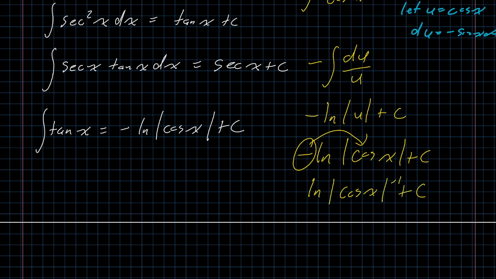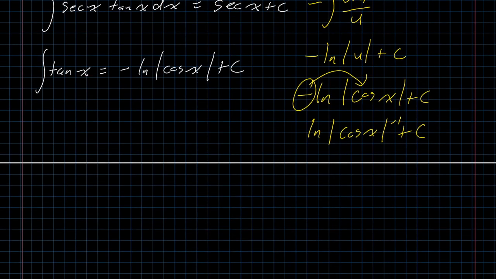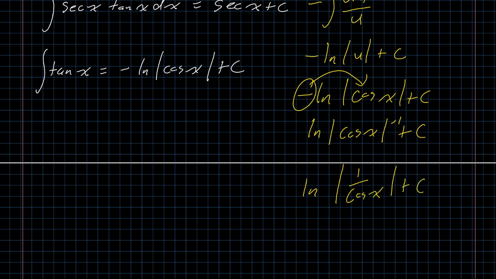Raised to the negative first power means take the reciprocal. So this is the natural log of 1 over cosine. And 1 over cosine is secant. So the integral of tangent is the natural log of the absolute value of secant.